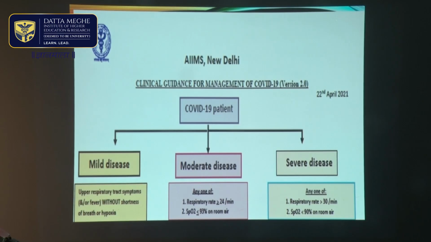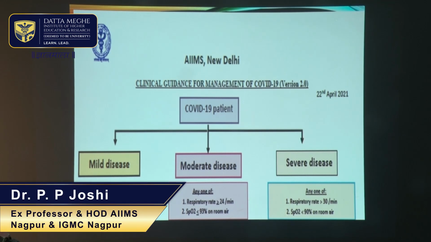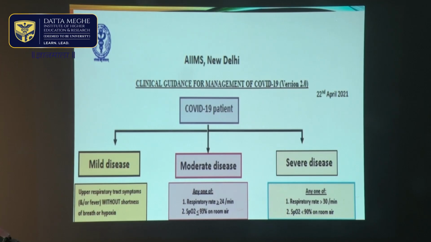Now everybody is aware of what the pulse oximeter is, which is now the fifth vital sign. And now any patient who comes with breathlessness, we always check for SpO2 with the help of a pulse oximeter. Even lay persons now are aware of how to use a pulse oximeter, especially after the COVID pandemic.